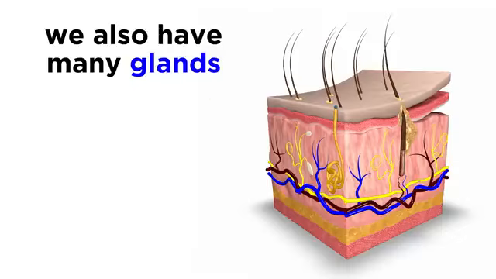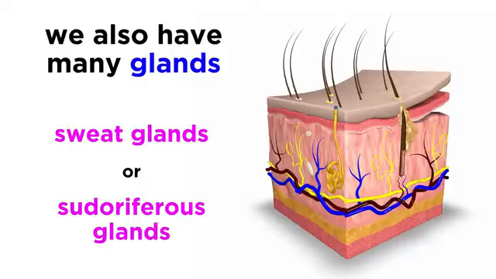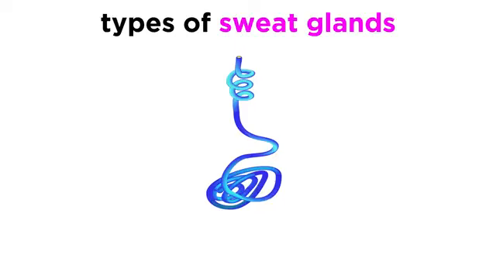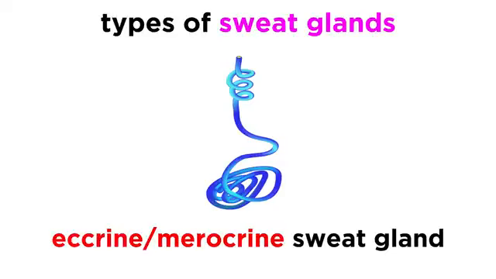The last part of the integumentary system we must mention is the vast collection of glands that can be found. First up are the sweat glands, also known as sudoriferous glands. These are found almost everywhere on the surface of the skin, totaling up to around 3 million. There are two types of sweat glands. The first is called eccrine or merocrine sweat glands.